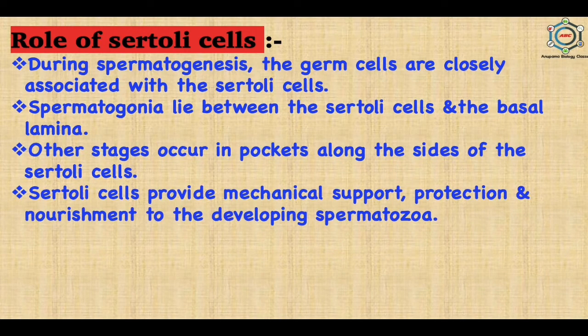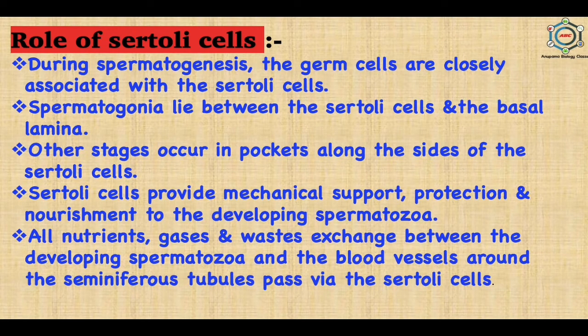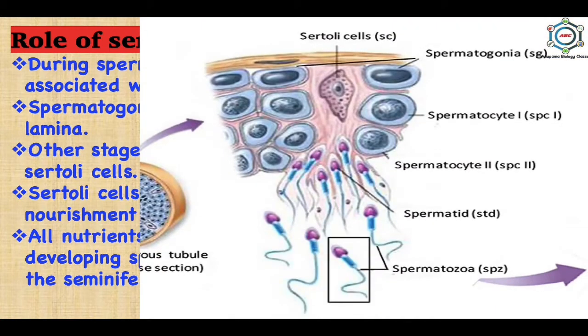Sertoli cells provide mechanical support, protection, and nourishment to the developing spermatozoa. All nutrients, gases, and waste exchange between the developing spermatozoa and the blood vessels around the seminiferous tubules pass via the Sertoli cells. In this picture, you can see the Sertoli cells and their position.